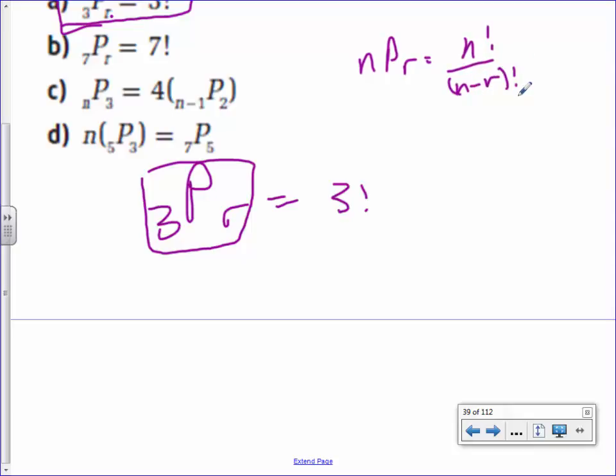Yeah, that's the formula. You have that there on your formula sheet? Okay. So what I could do is write this as 3 factorial over (3 minus r) factorial and make that equal to 3 factorial.